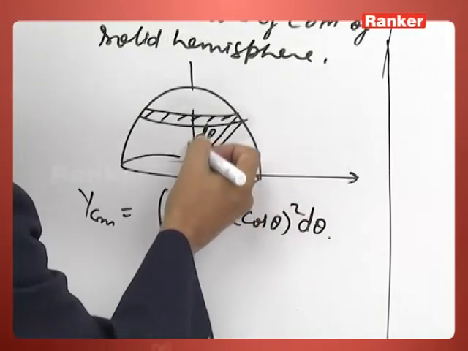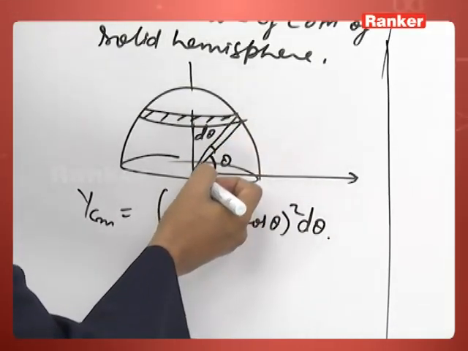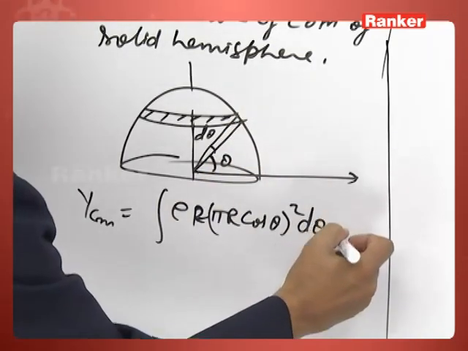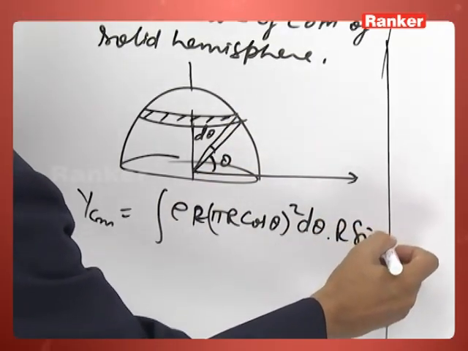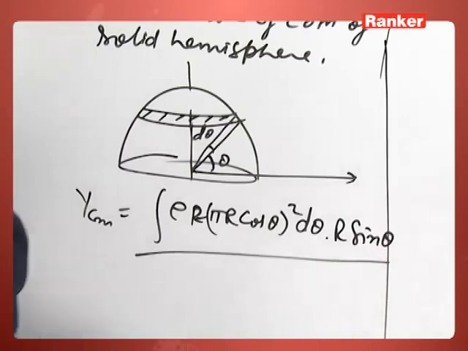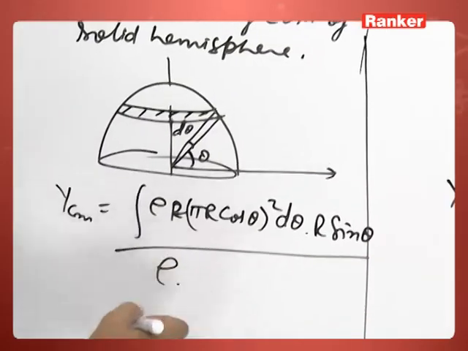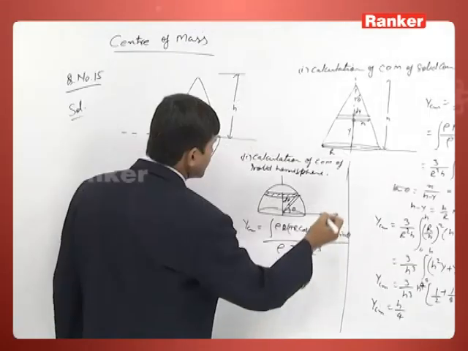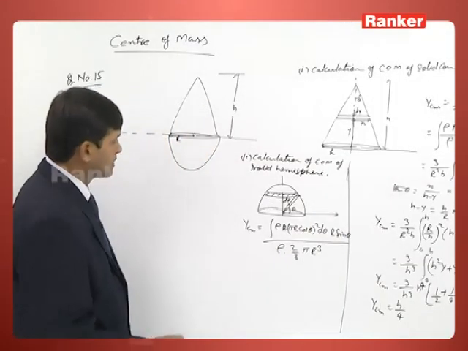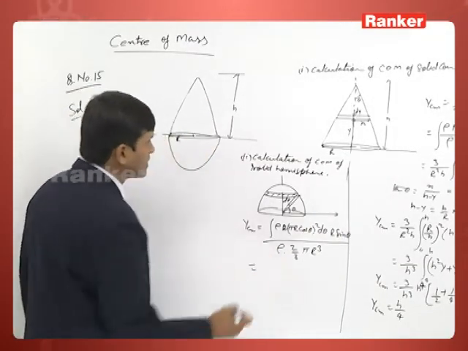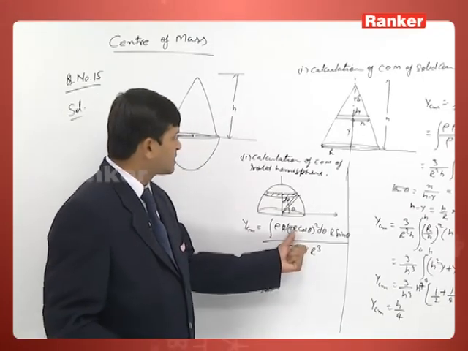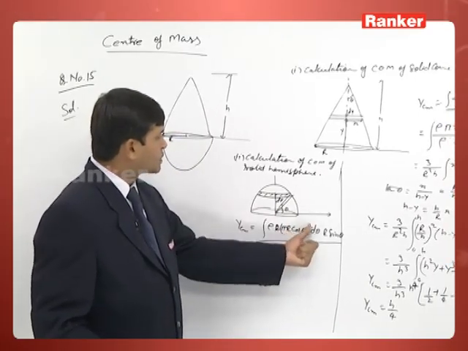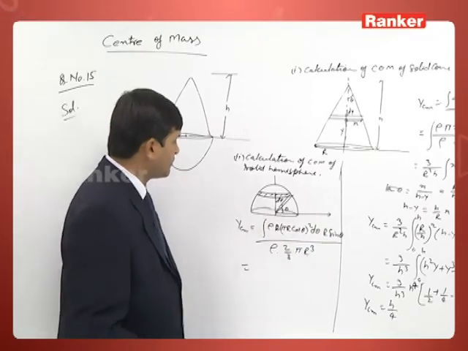Next is the center of mass position. This is your r, this will be your r sin theta divided by total mass, rho 2 by 3 pi r cube. Now check it. From here, r square, r to the power 4.